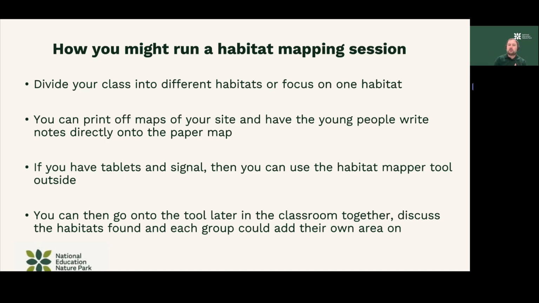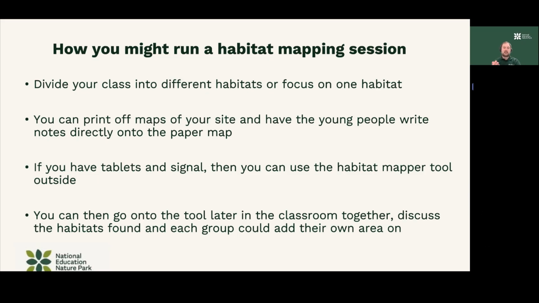Or what are your year threes seeing compared to your year sixes? Are they seeing a difference? We were in a school just the other day, and we had sixth formers working with the year sevens on the habitat mapping, supporting each other through this. So there are a lot of different ways that you could potentially do it.